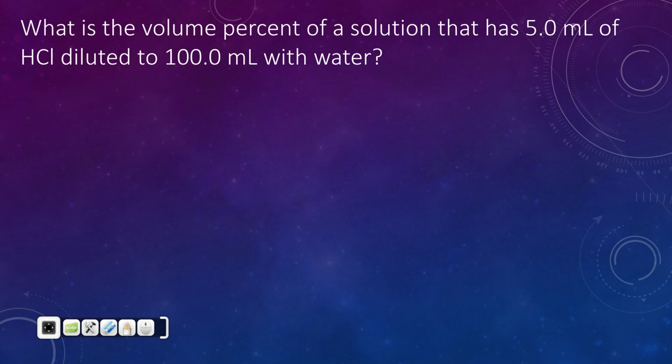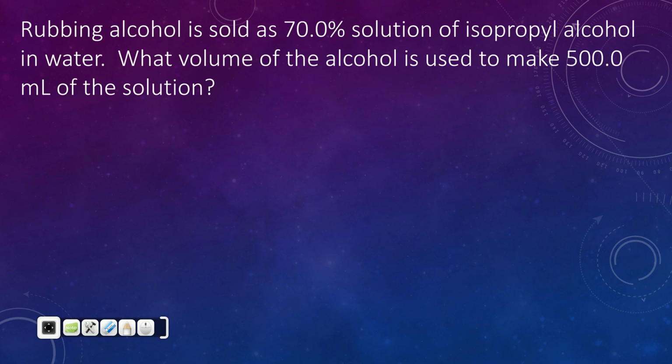One more. Let's do one where they give you a percentage. So rubbing alcohol is sold at 70%, so I was incorrect. It's not 30. I was about to say that. I was like, I think it's a lot higher. 70% isopropyl alcohol in water. What volume of the alcohol is used to make 500 milliliters of the solution?